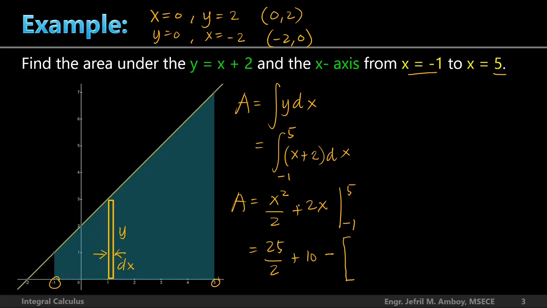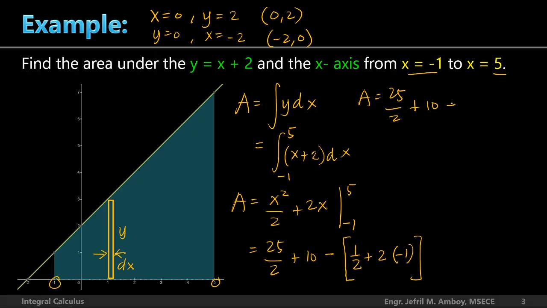If I square -1, I will get 1, and then plus 2 times -1. So now I have here 25 over 2 plus 10 minus, this is 1/2 minus 2, which is -3/2.